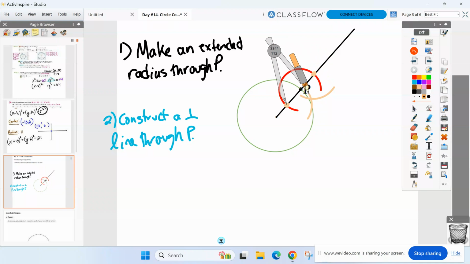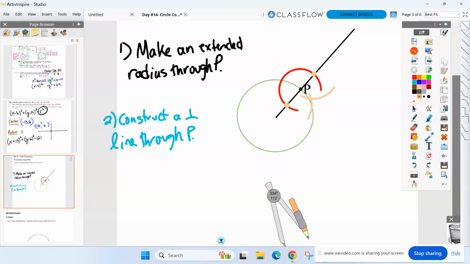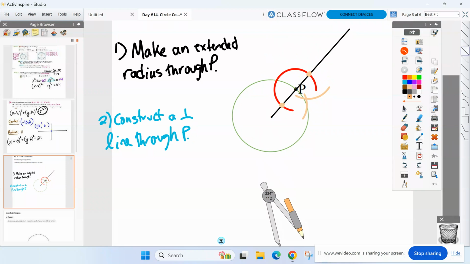And now you're going to draw in a line that is perpendicular through your radius through point P, which guarantees it has to be a tangent. Because the only way it's perpendicular is if a tangent and radius meet. So that line has to be a tangent line.